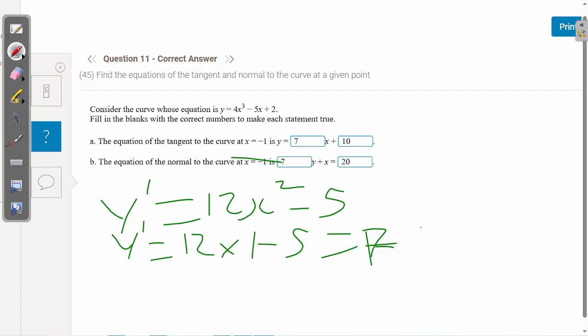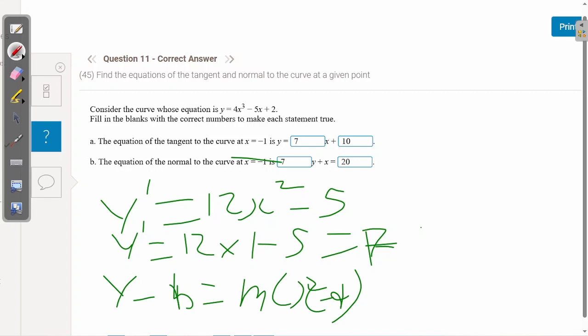So now we start with the equation y minus b is equal to m times x minus a. So I'm going to write up here y for the tangent is equal to... we need to find the b first, right?